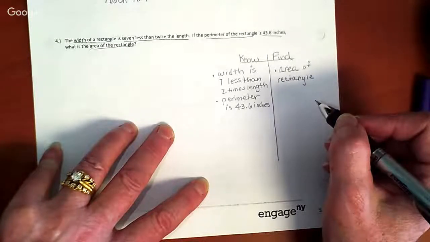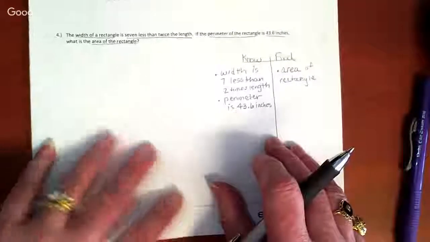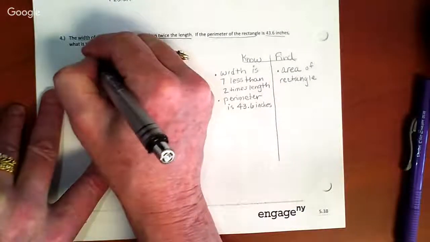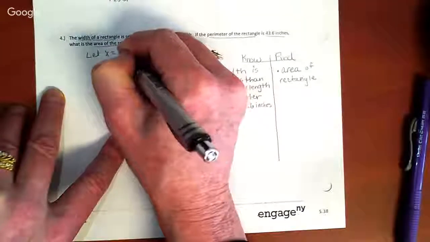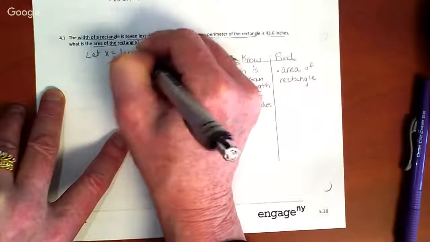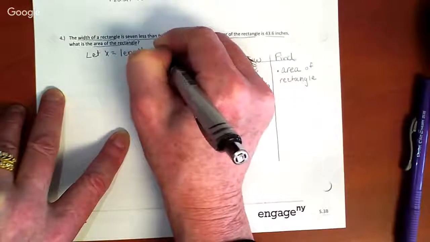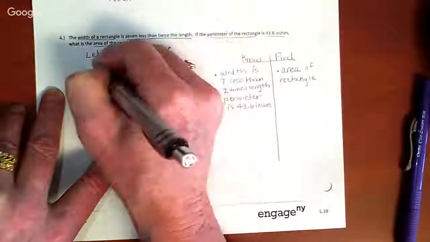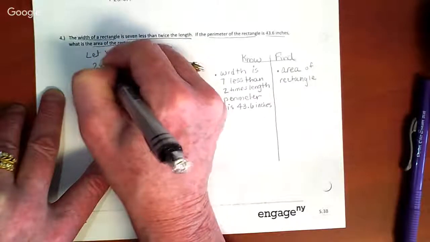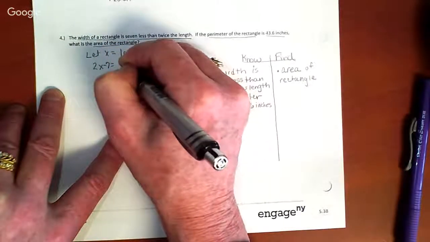We need two things, actually. We need to let x equal the length of the rectangle and 2x minus 7 to equal the width.